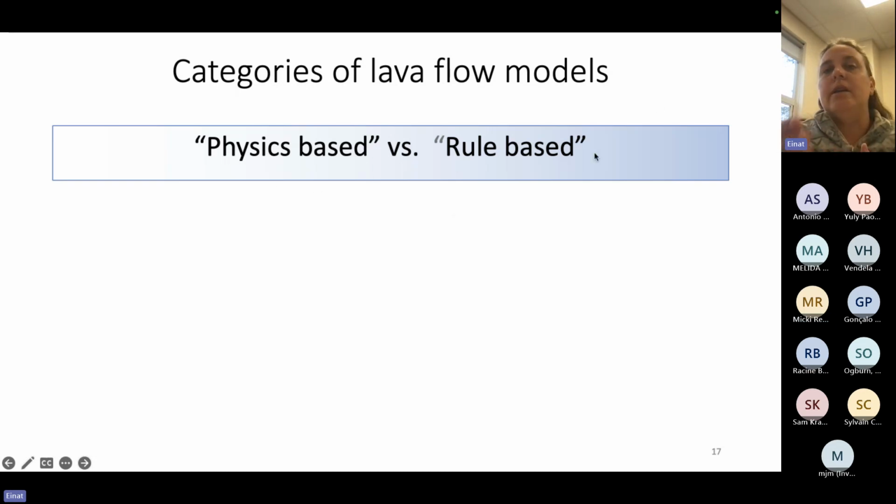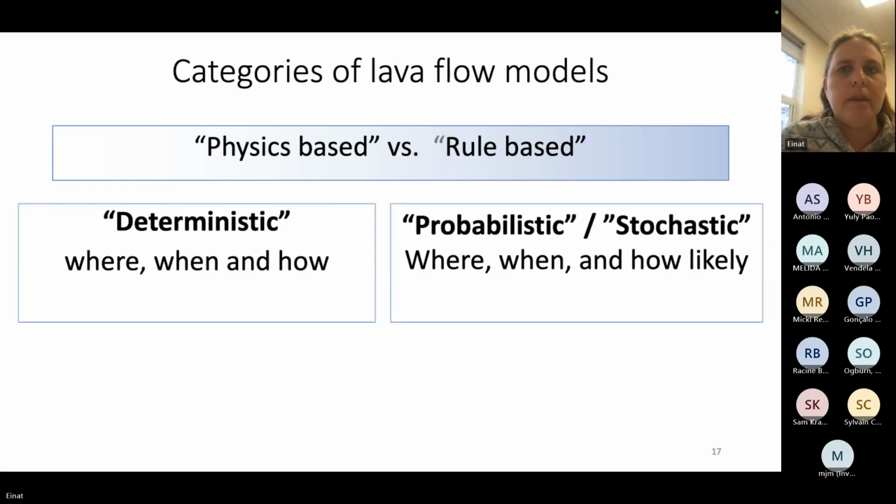Or are we propagating the magma in space based on some rule that says, did we go beyond a certain threshold length that we know is typical for that volcano, and then we stop? Or are we propagating because this is the steepest path? So it's not solving a physical equation, but it's solving a rule that is often based on intuition or physical observations.